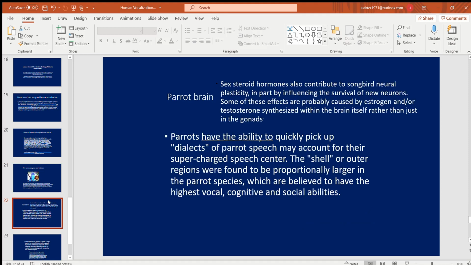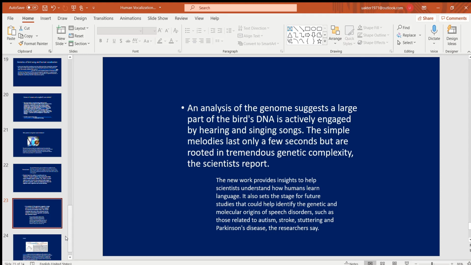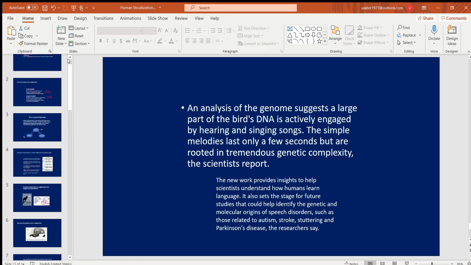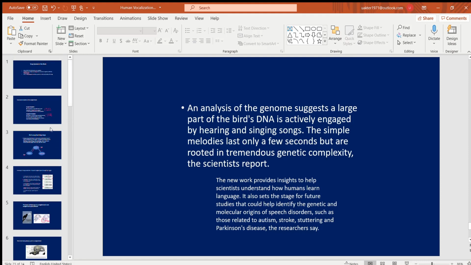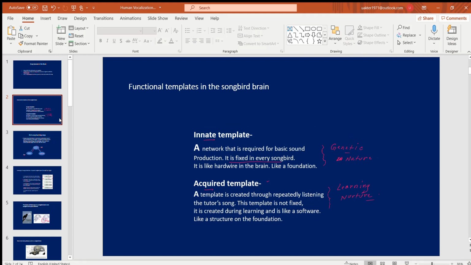Okay, so just go over this couple of slides, and the important things I have already explained. In this part, you need to understand the difference between the innate template and the acquired template. Innate is by nature, like how a bird flies. You don't need to teach the bird to fly; they get that ability by birth, because their genes give that ability.